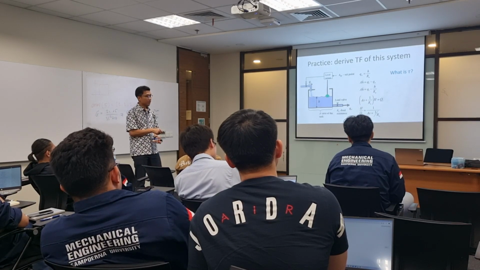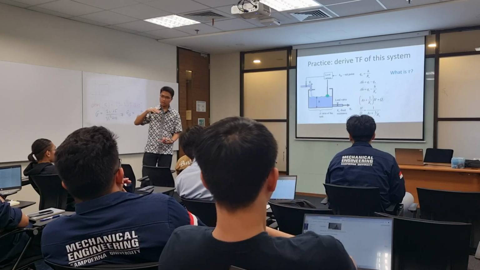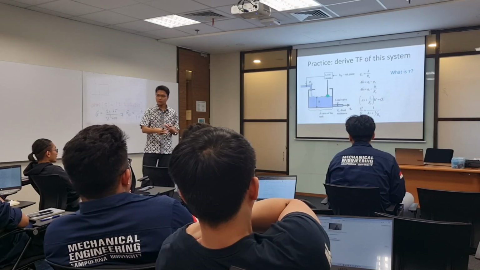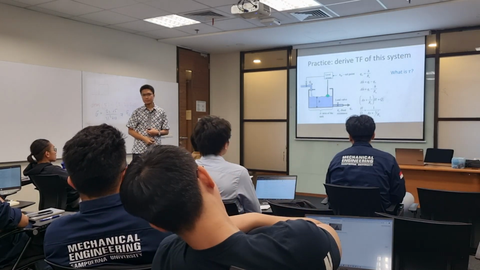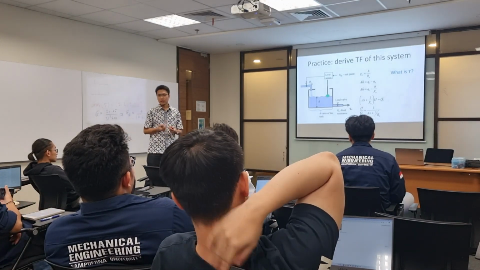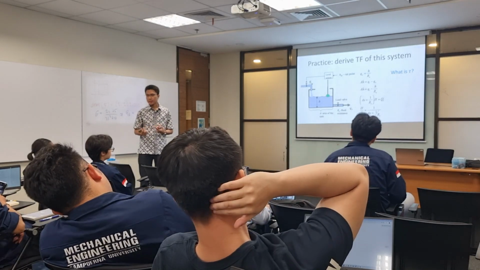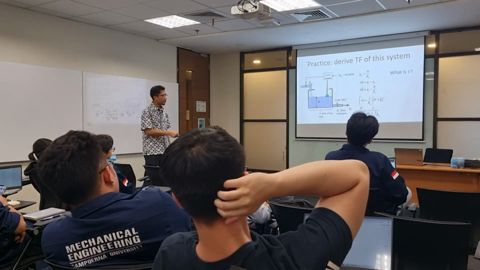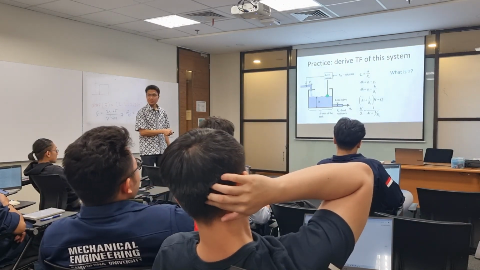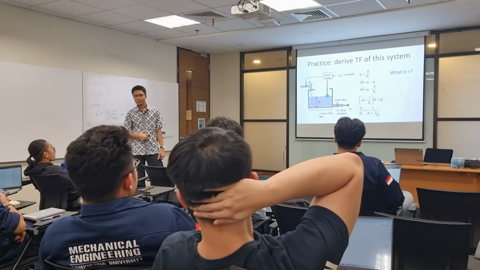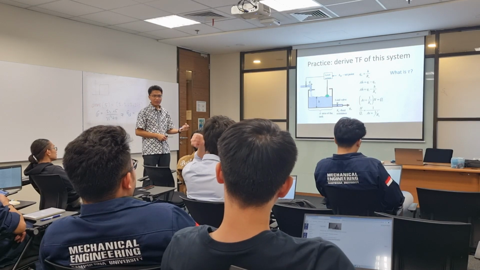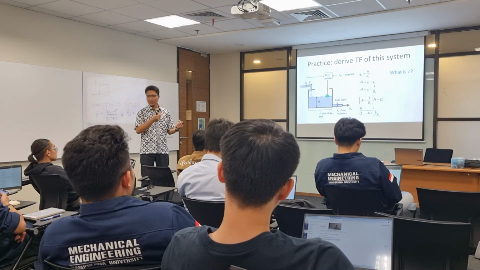In this case, we are controlling the height of the water. In other cases, you can also control the water flow. That's because the R0 here is constant. So Q0 and H, they are interchangeable. Taking Q0 over Qi is just the same as H over Qi.